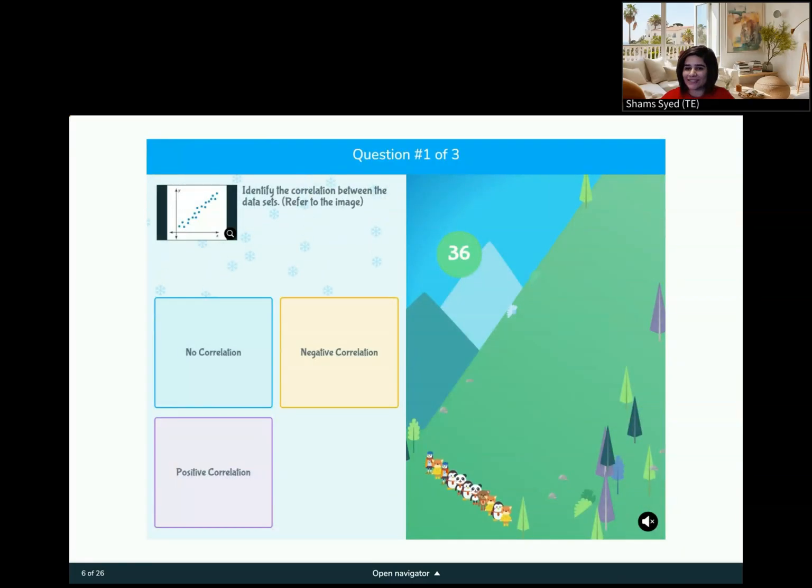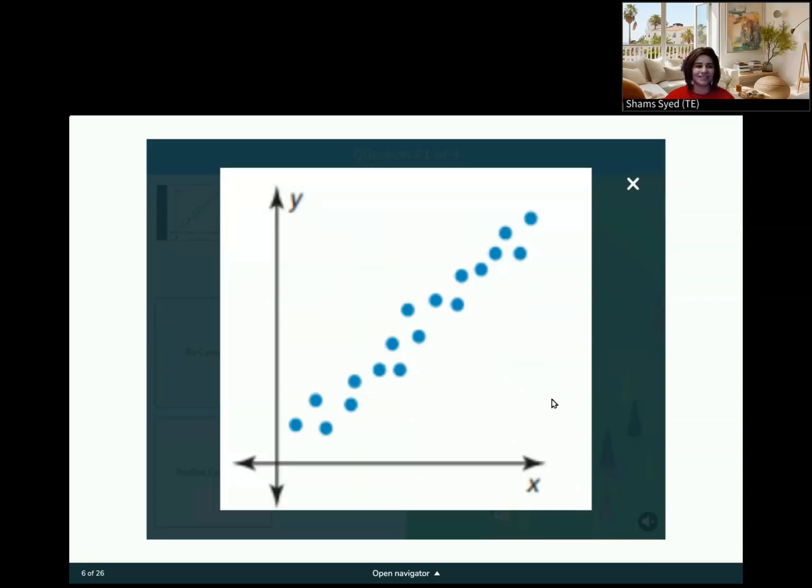Question 1. Identify the correlation between the data sets. Positive correlation, negative correlation, or no correlation.